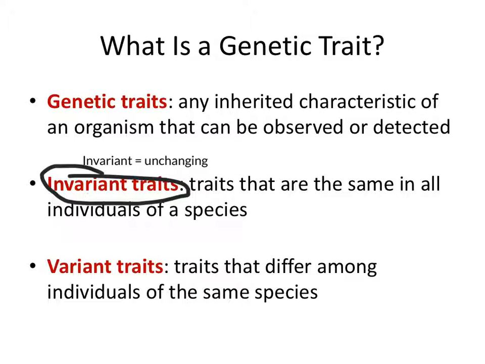We have 5 fingers on one hand, 5 fingers on the other. We have certain bones associated with each. Those are invariant traits. There are other vertebrates that live on the land that also have 4 limbs, 4 appendages.